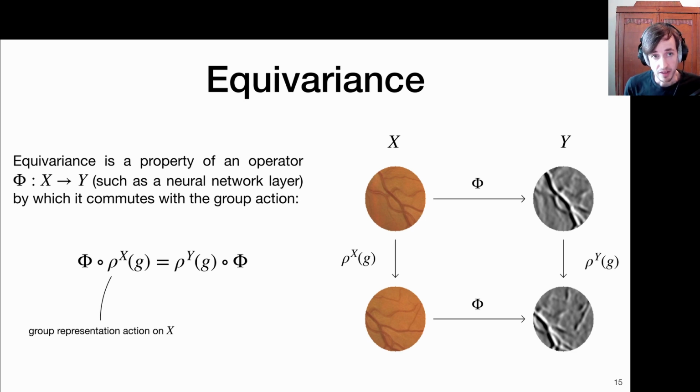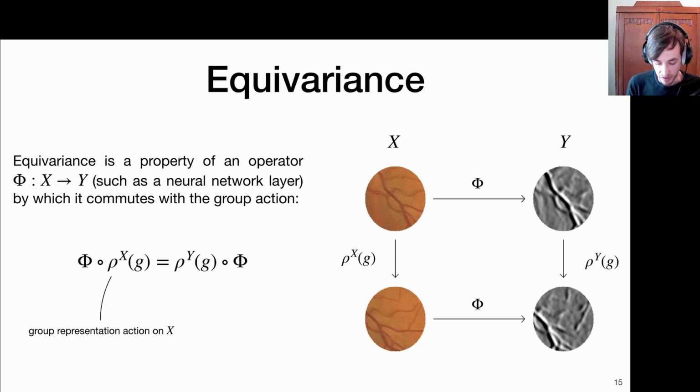So equivariance is a property of an operator. An operator could be a neural network layer which maps an element in X, could be an image, to another element in Y, for example. So the output space could be different than the input space.